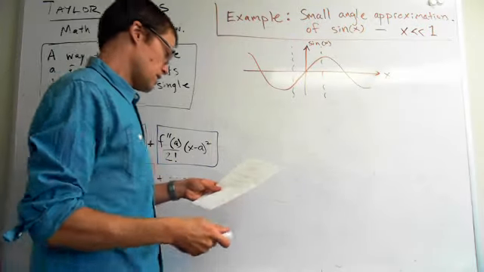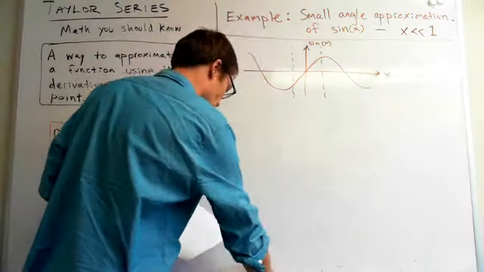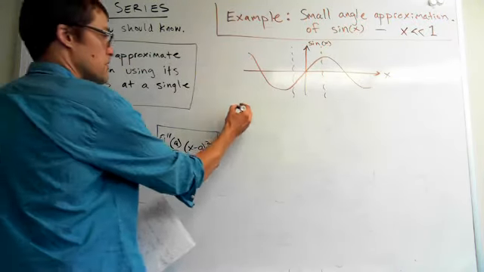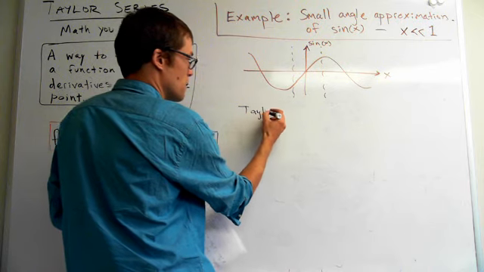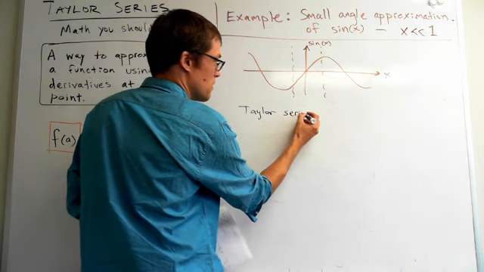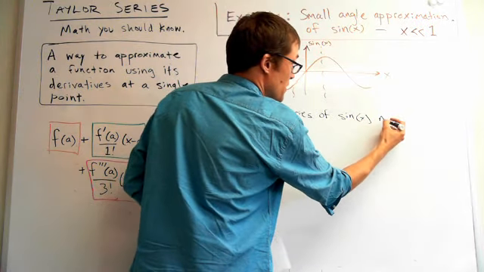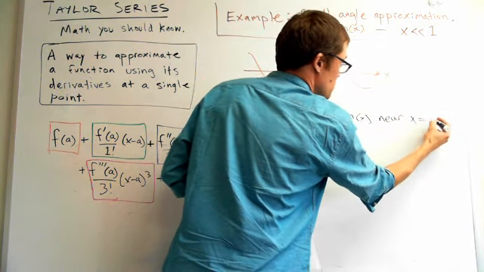So let's go ahead and apply the Taylor series to the function sine around the point x equals 0. That's what we're going to write down: the Taylor series of sine near x equals 0.